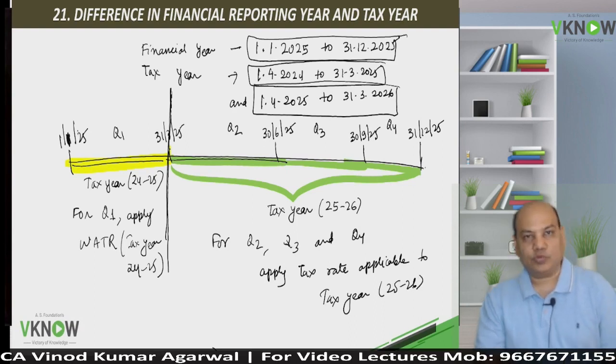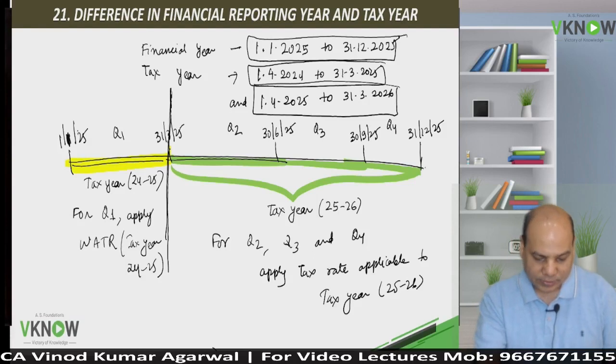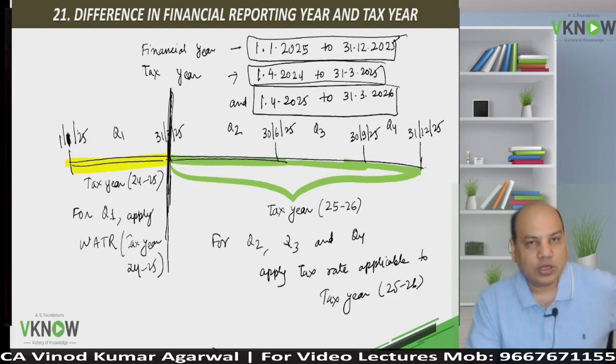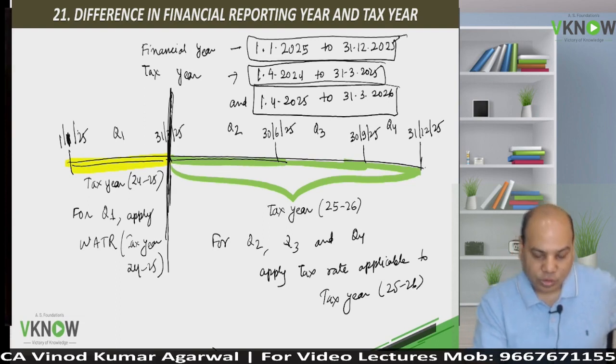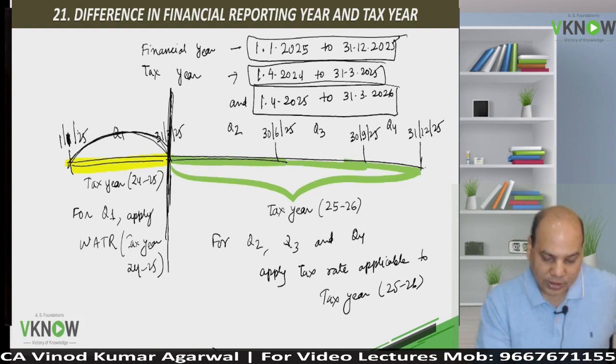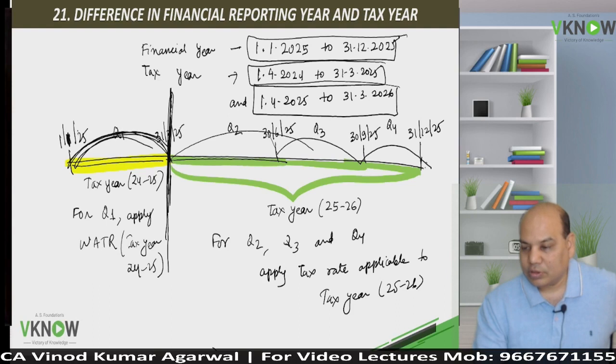So can we have 2 weighted average tax rates? Yes. If a financial year falls under 2 tax years, then we'll have 2 weighted average tax rates, one for the first tax year and another for the other tax year. So that is the concept of difference in financial year and tax year.